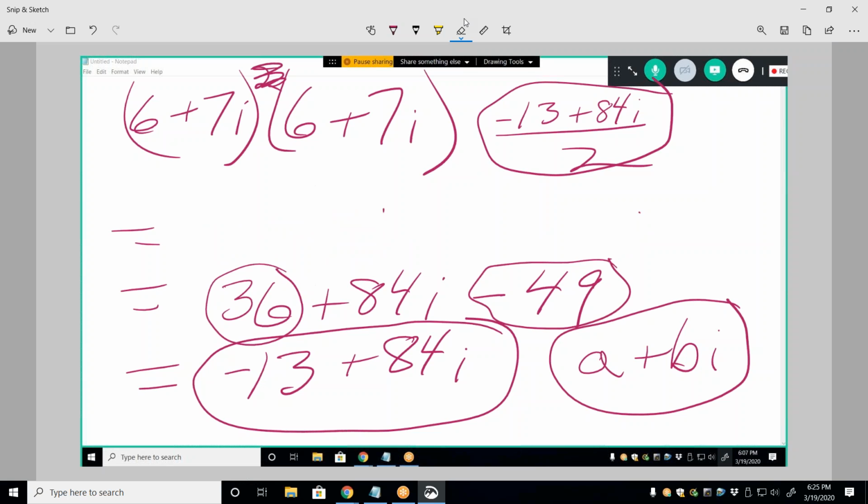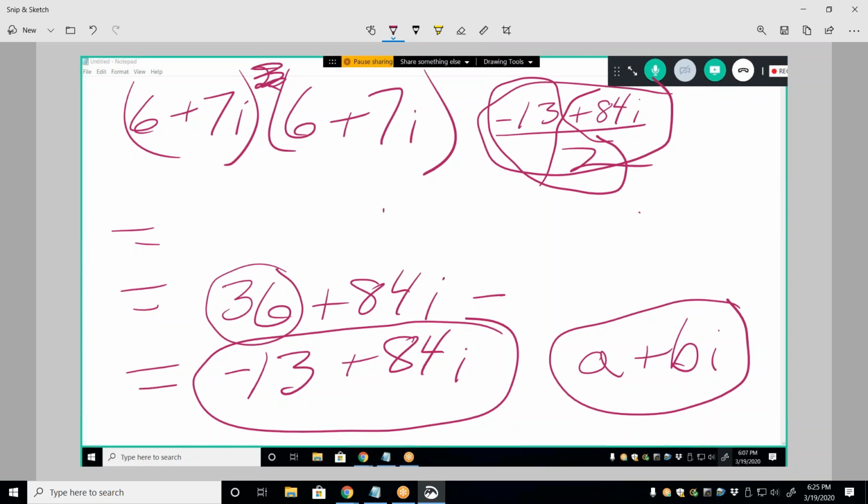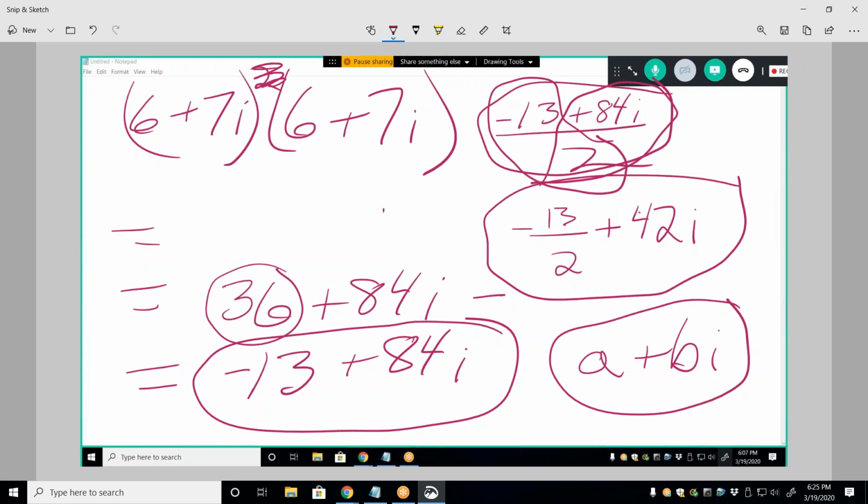Split it up into two fractions. So it would be negative 13 halves plus 42i. Notice that is in the format of a plus bi. The one above it is not.